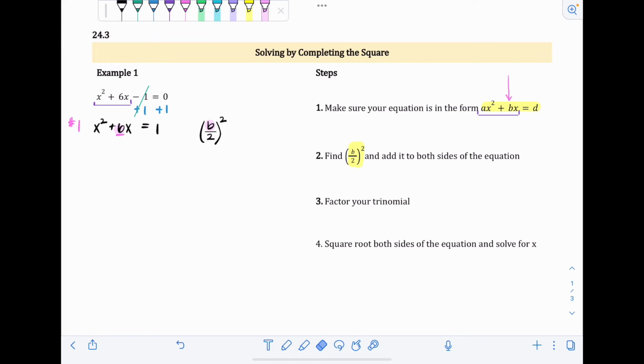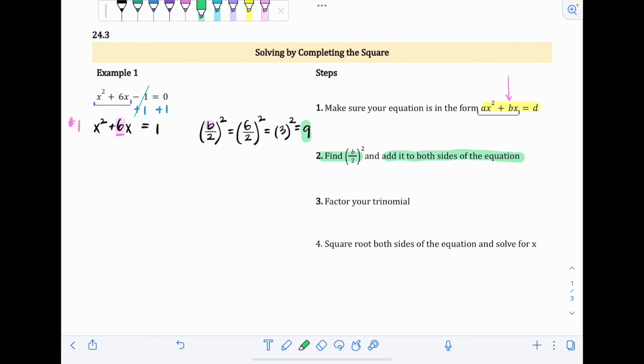Okay, so I put the 6 in for the b. So then it becomes 6 over 2 squared. And then we simplify inside the parentheses first. So 6 over 2 is 3. 6 over 2 means 6 divided by 2. And then after that, I have to square the 3, which is 9. So when it says find this, it's looking for the simplified version of that.